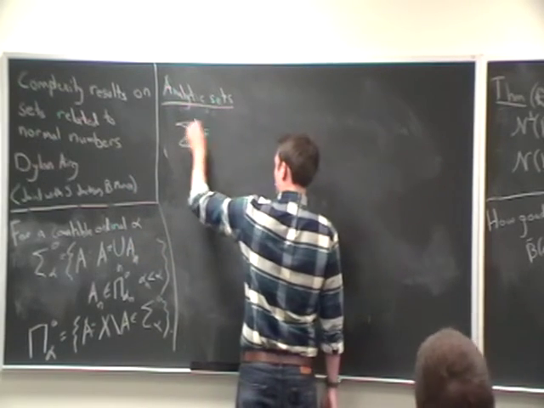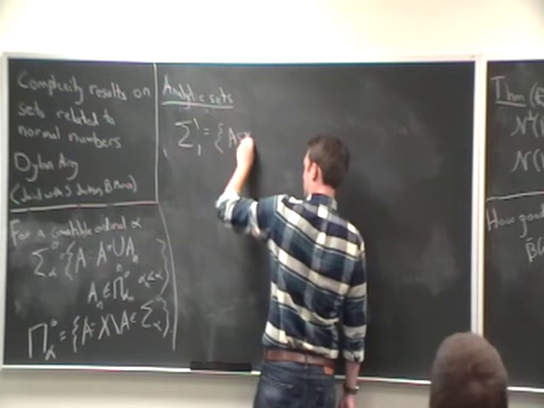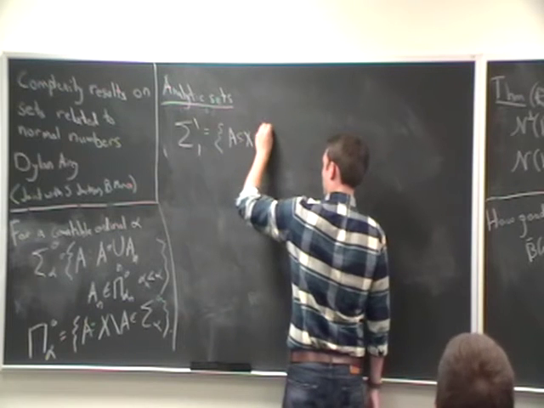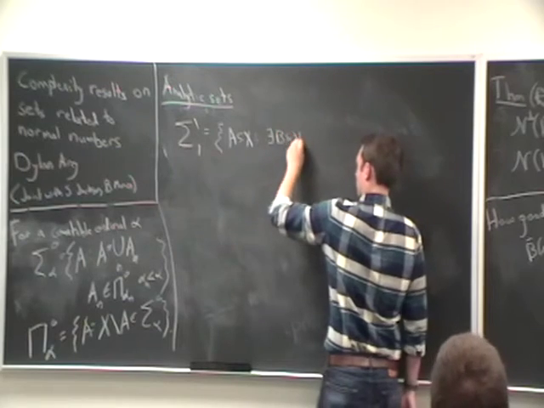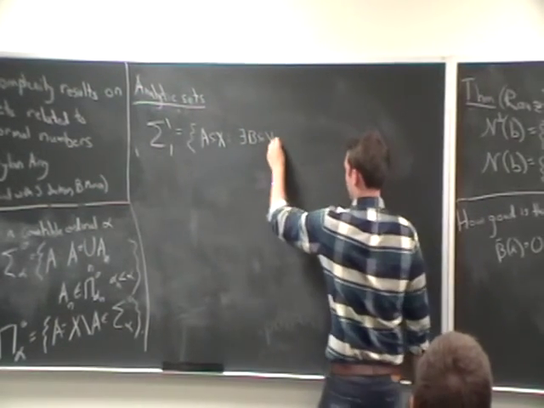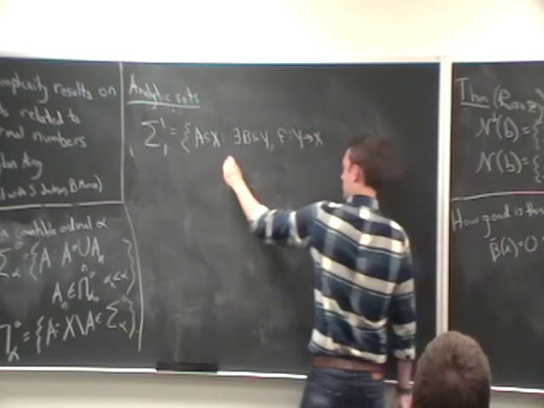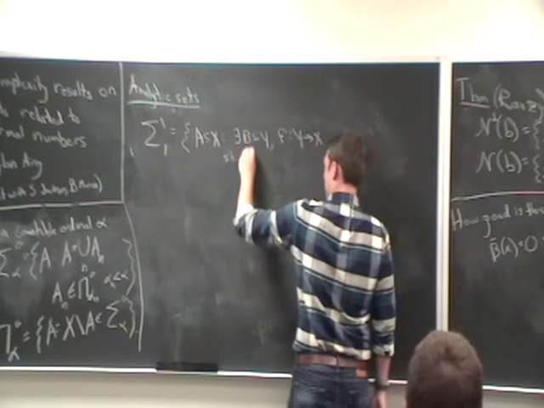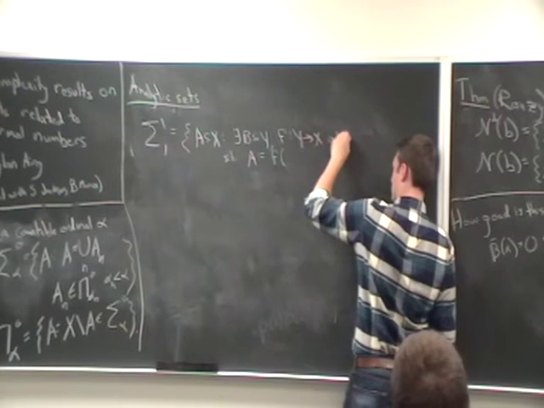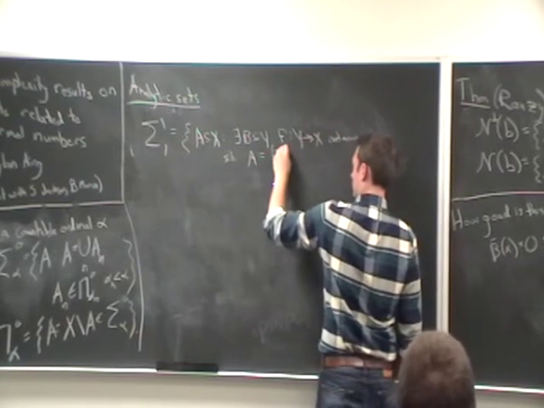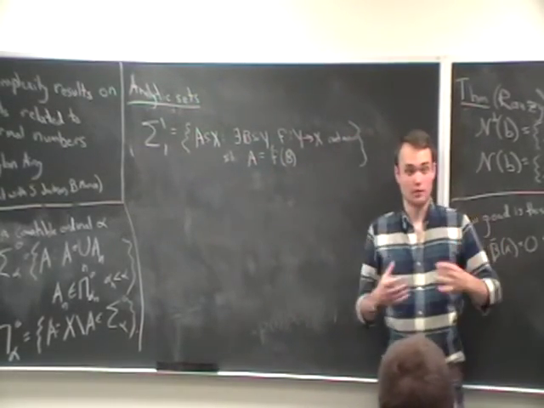So Sigma^1_1 is equal to the set of all subsets A of X such that there exists a measurable subset B of some other Polish space Y, and a continuous function from Y to X, such that A is equal to the image of B. So in other words, analytic sets are just continuous images of measurable sets.